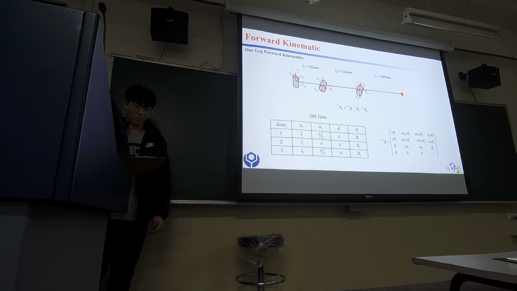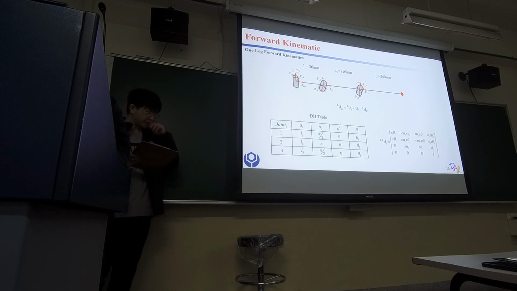The second rule is the x-axis must be perpendicular to both its own leg axis and the axis of the previous frame. The third rule is it must follow the right-hand rule. And the final rule is each x-axis must intersect the leg axis of the previous frame. By applying these 4 rules, we define the coordinate system for each joint and link in the legs.